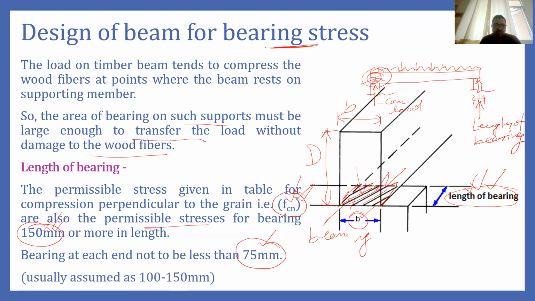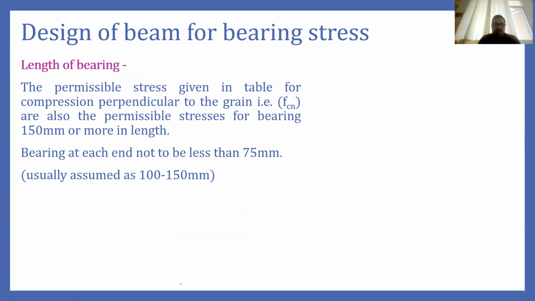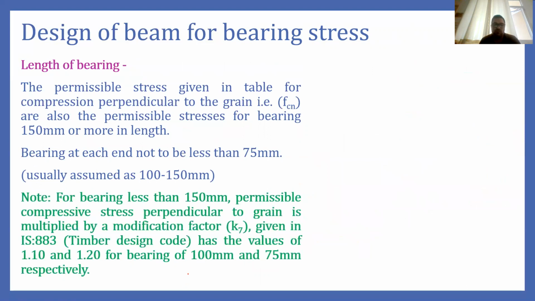As I said, generally the length of bearing is about 100 to 150 mm. If we have a length of bearing less than 150, then we have two factors. For bearing less than 150 mm, the permissible compressive stress perpendicular to grain is multiplied by modification factor K7 given in the IS code.